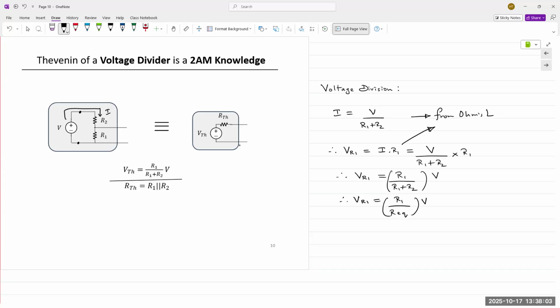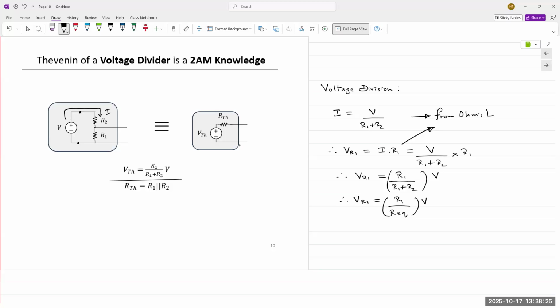So voltage division states that you can find the voltage across any resistor in a series network of resistors by taking the ratio of the resistor to REQ. So it's R1 over REQ into V, the source voltage.